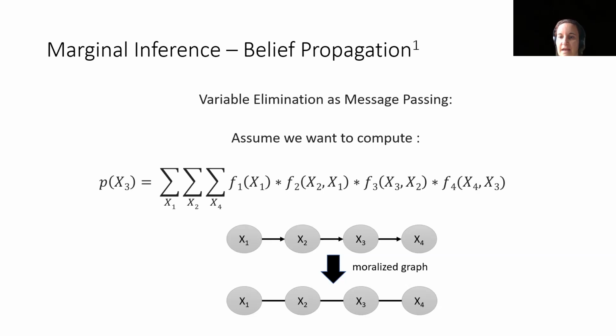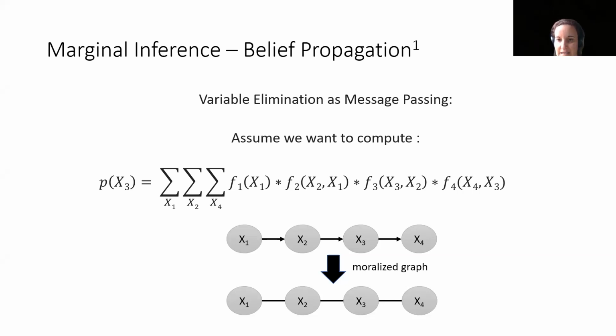We said x2 depends only on x1, x3 depends only on x2, and x4 depends only on x3. So the joint probability distribution of x1, x2, x3, and x4 can be represented by a multiplication of factors: f1 that depends only on x1, f2 that depends only on x2, x1, f3 that depends only on x3, x2, and f4 that depends only on x4, x3. Okay, so that is described by the directed graph.